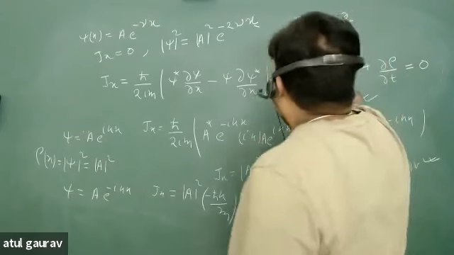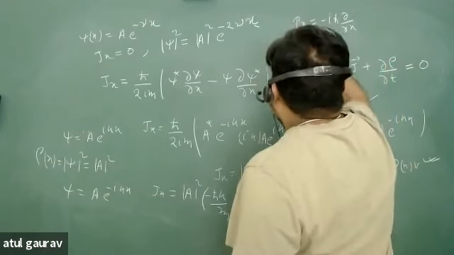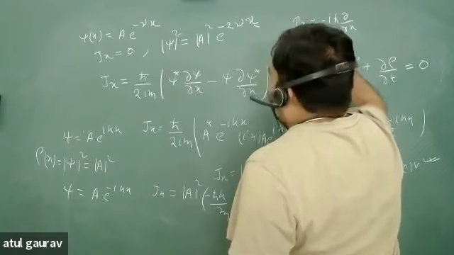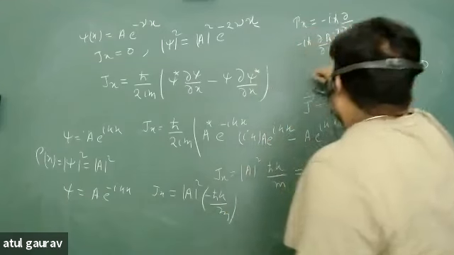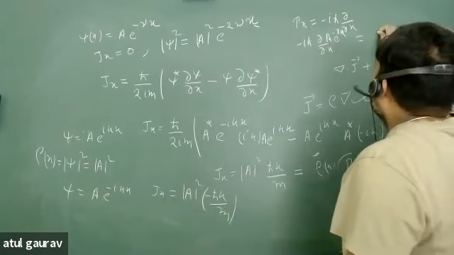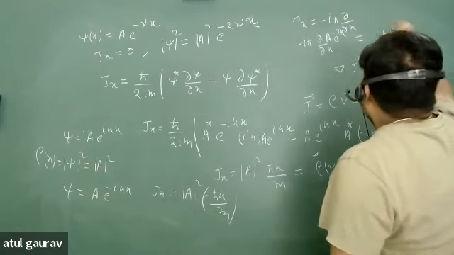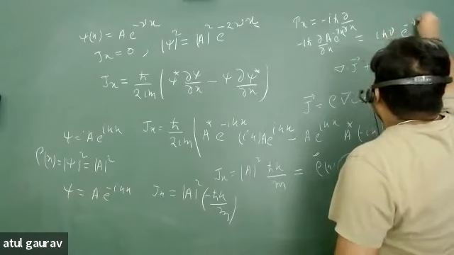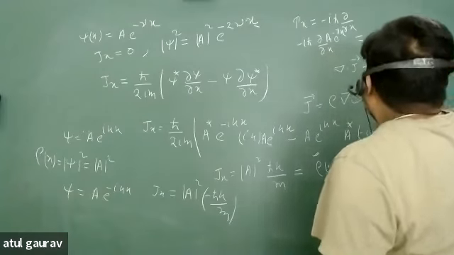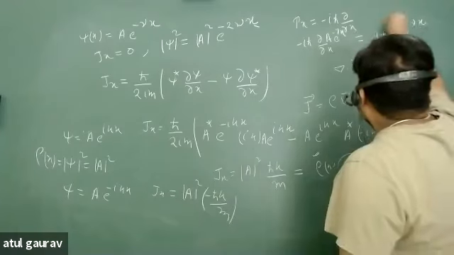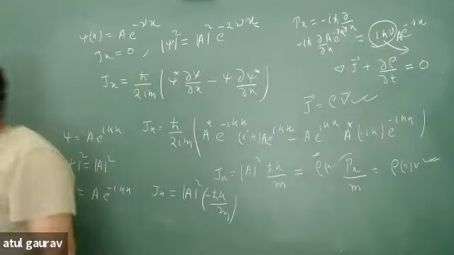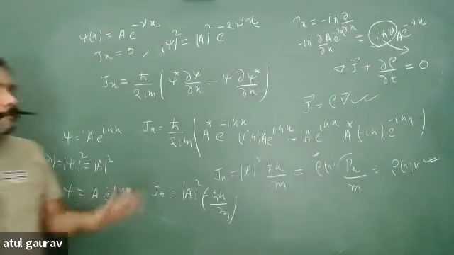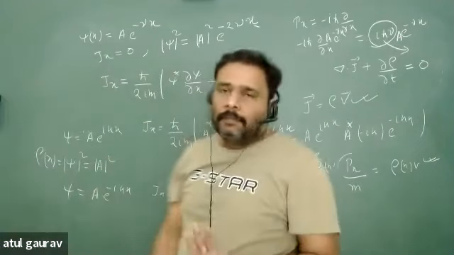If I apply it on a e to the power minus gamma x, what you will get is i h cut gamma e to the power minus gamma x times the function. You will get imaginary momentum with this function.